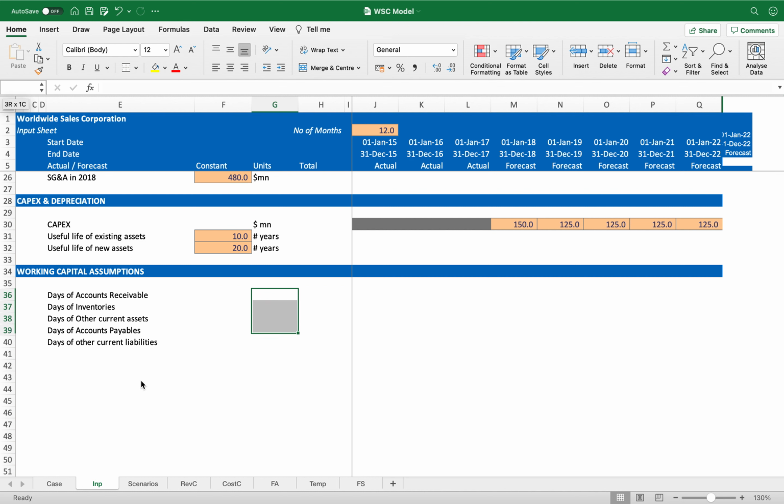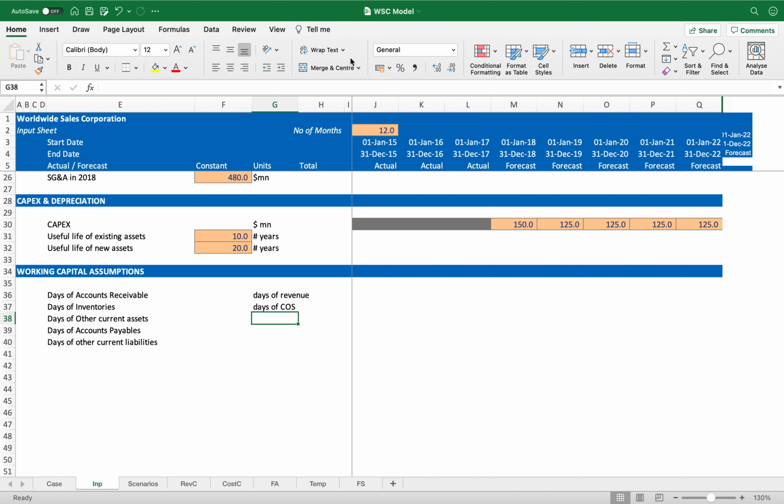Okay, and the unit is days of revenue. So the unit for accounts receivable will be days of revenue. We know that we compute the receivables based on revenues. Inventories, days of cost of goods sold or cost of sales, as in this example.